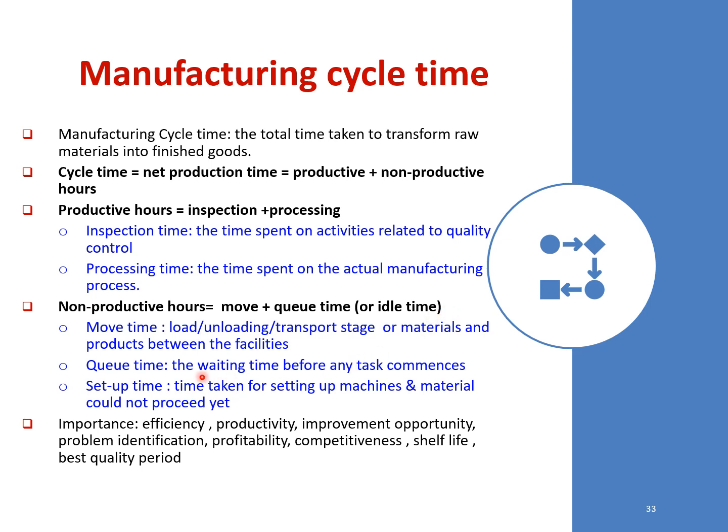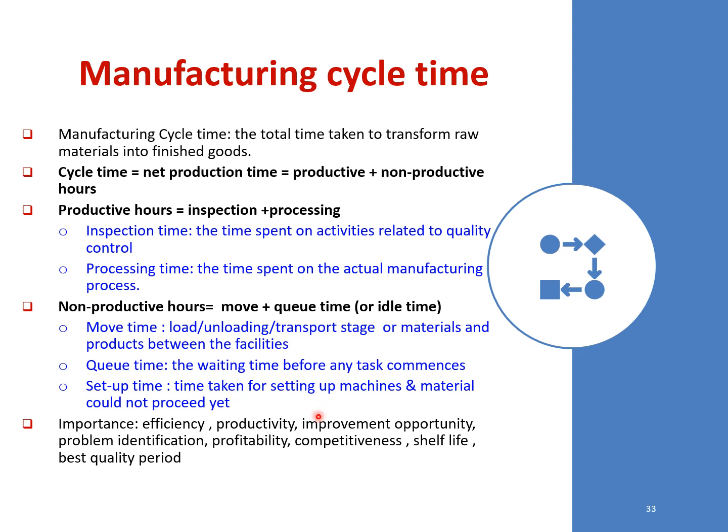Move time is the loading, unloading, or transporting activities in the facilities. Queue time is the waiting time before any manufacturing task can commence. And setup time is the time taken to set up the machines, so the materials cannot be processed yet.